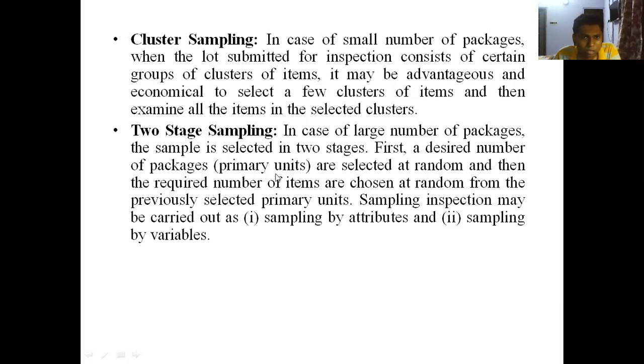In case of a large number of packages, the sample is selected in two stages: first, a desired number of packages are selected at random, and then you randomly choose some items from those packages. In cluster sampling you do thorough checking of a few clusters, but in two-stage sampling you check some items randomly. So this is all about the sampling methods.